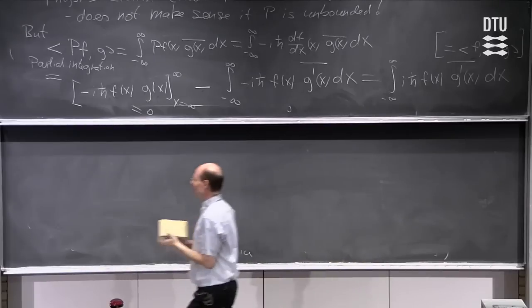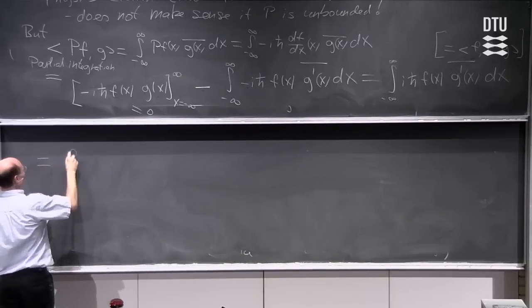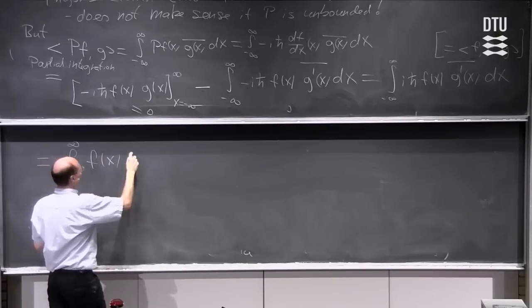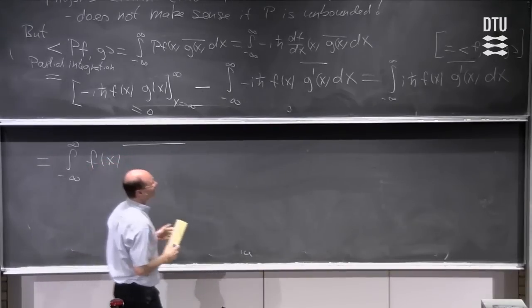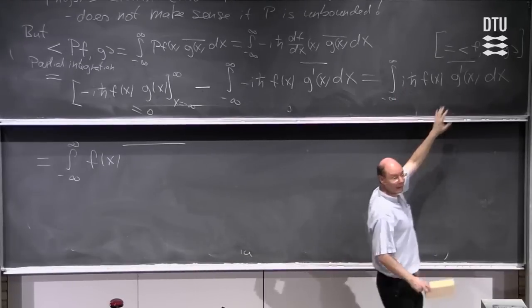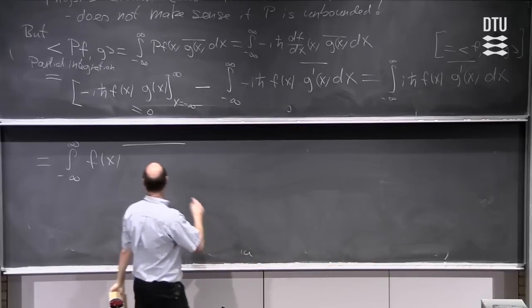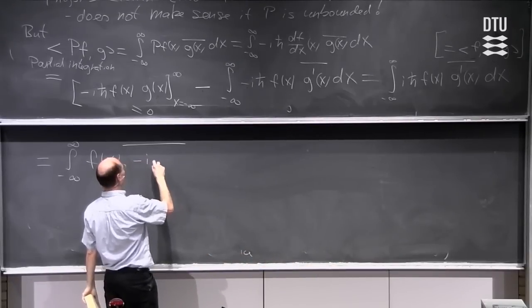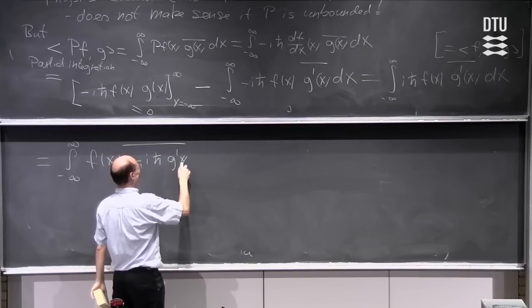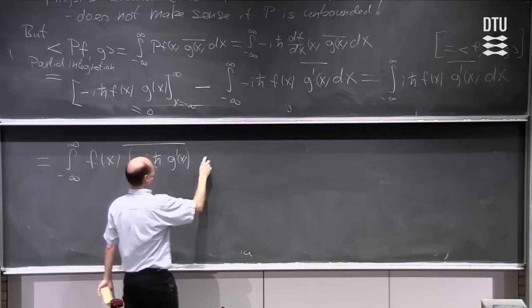So what comes out then is that this is the same as the integral from minus infinity to infinity, f of x, and then the bar of something. And this i h bar, it goes into the bar, but the i goes in as a minus i h bar, and then g prime of x dx.